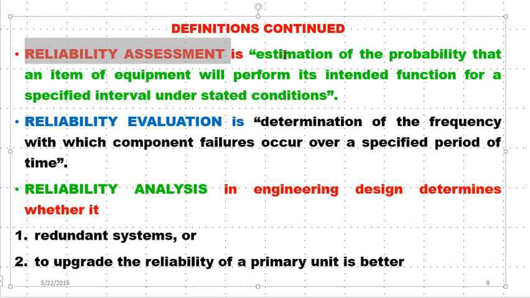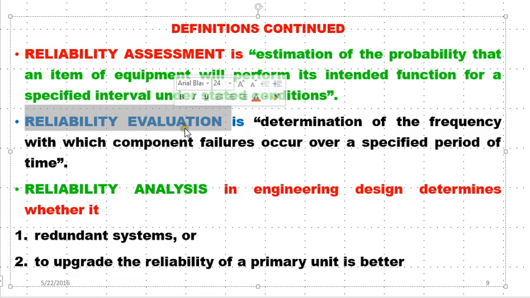So the process of estimating the reliability is what we call reliability assessment. The second term is reliability evaluation, which stands for the determination of the frequency of failure of a system or a component within a given time.